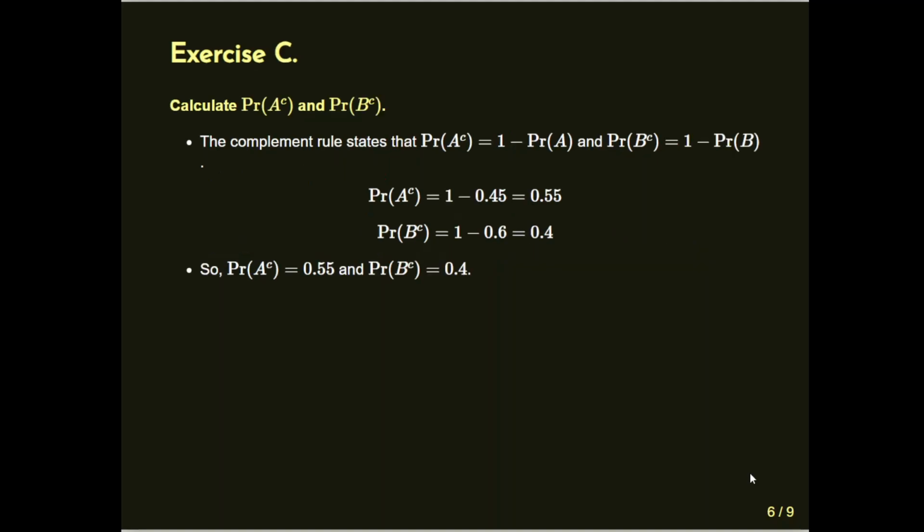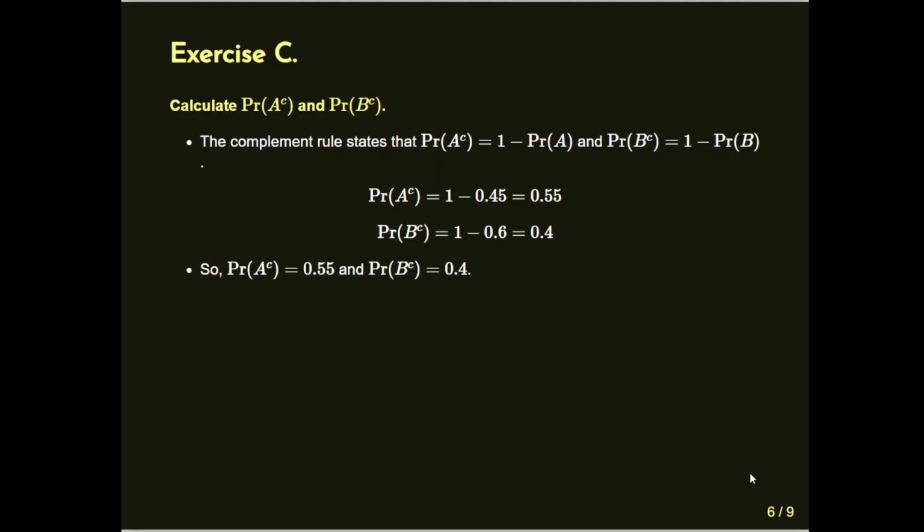So exercise C, and this is to do with the complements of A and B. This is the probability of A not happening, that's the probability of the complement of A. And likewise, the probability of event B not happening, the probability of the complement of B. Essentially what we do is just subtract from one. They must add up to 1. It's one of the axioms of probability.